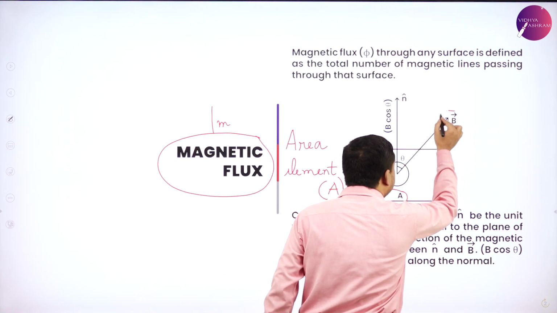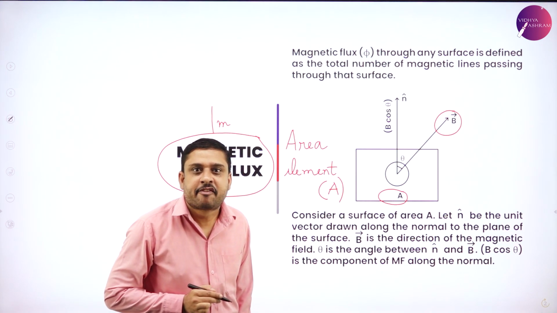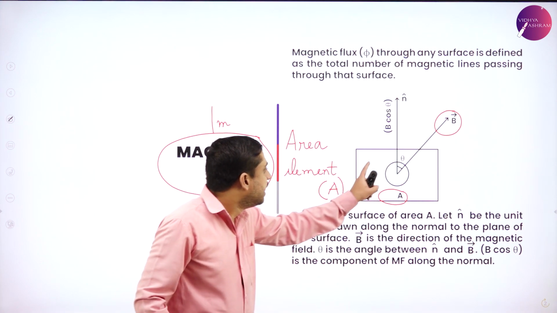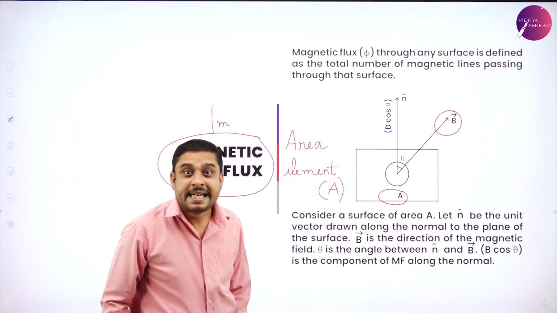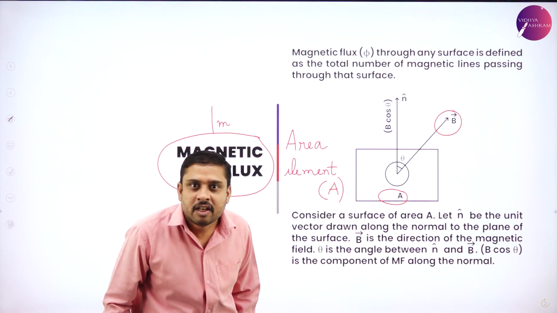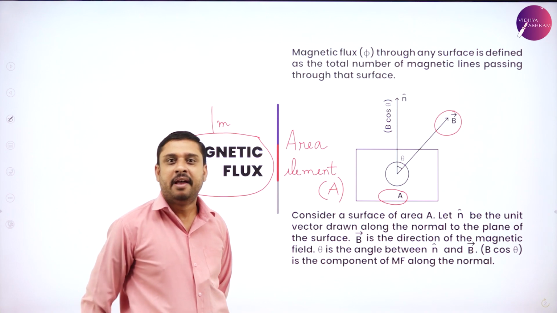B is the magnetic field acting radial to the surface, tangential to the surface. So what does B represent? Magnetic field strength.